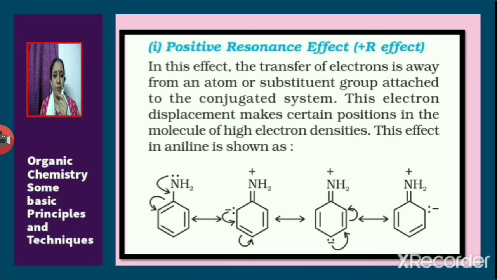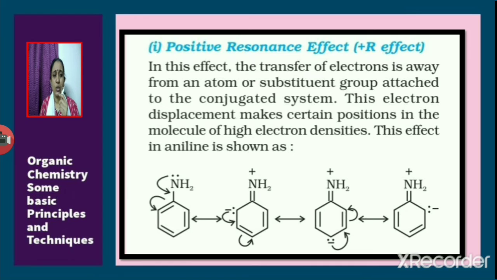Nitrogen has a lone pair of electrons. In positive resonance effect, the lone pair of electrons present on nitrogen shifts, as a result of which the carbon-nitrogen bond becomes a double bond, and there is simultaneous shifting of the pi electrons present in the benzene ring to the ortho position.